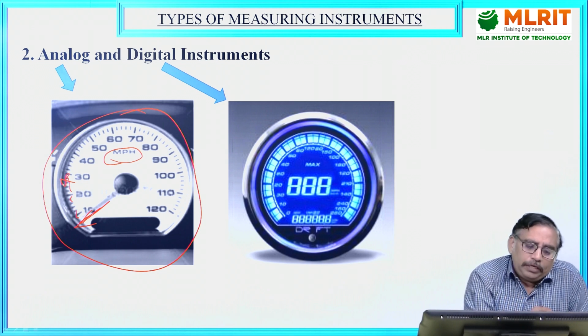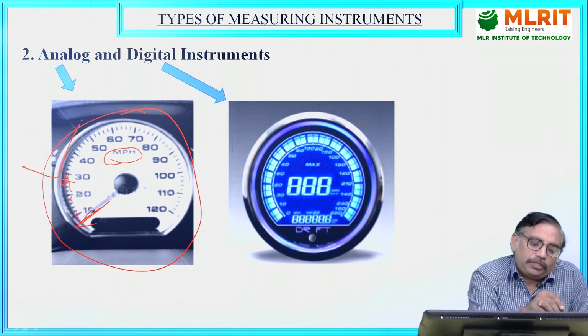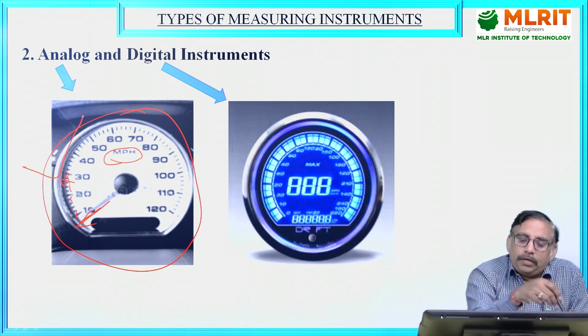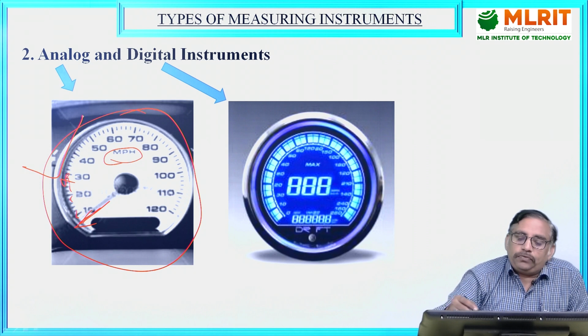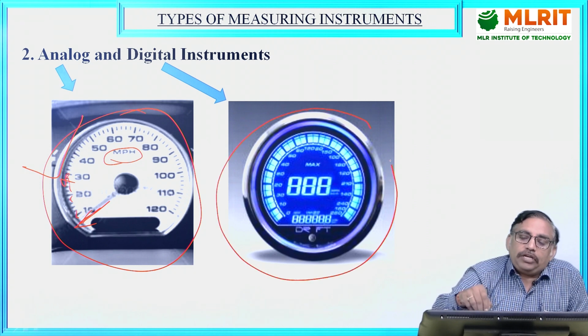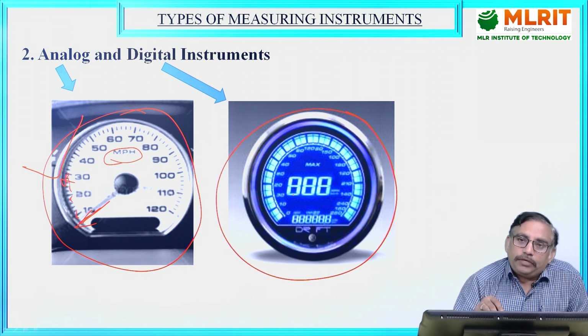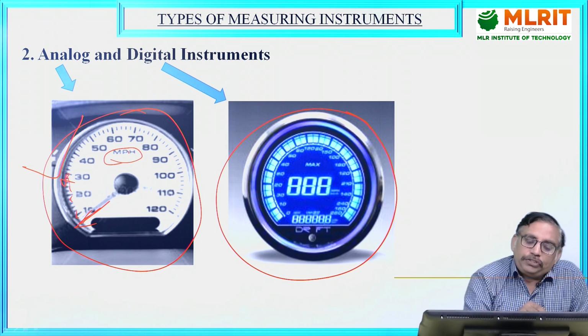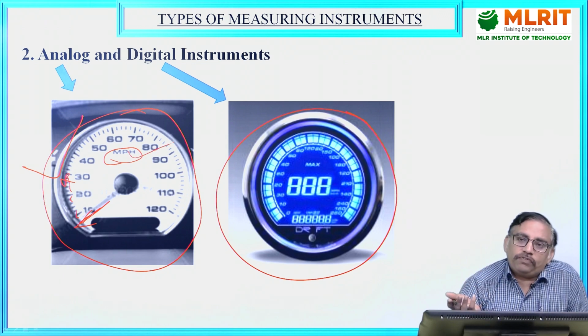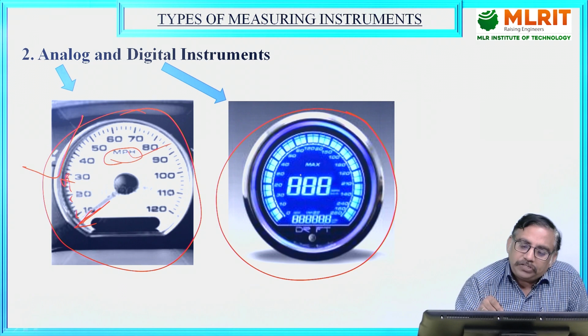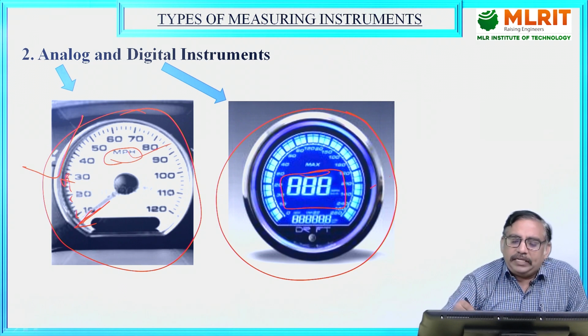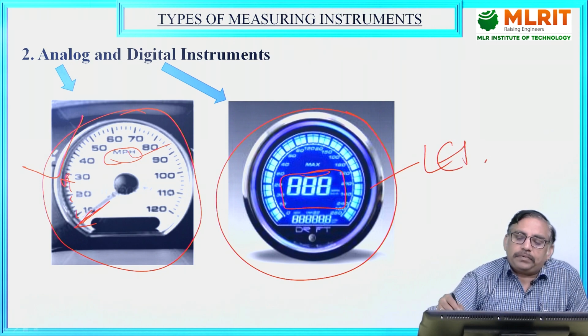So nowadays we are directly using this. And for the new developments, we are also going for digital instruments where the speed in mph or kmph or the volume of the fuel in our tank, everything will be displayed directly in digital form, or we can say LED displays.